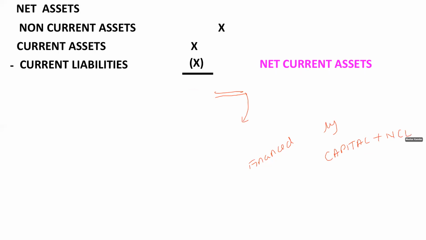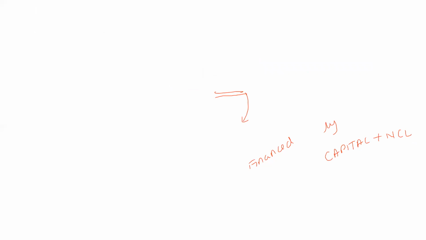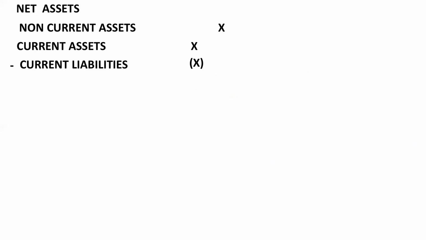Okay, again, when you're preparing the balance sheet by the net asset method, how do you show it? Current assets minus current liabilities will give you the net current assets.